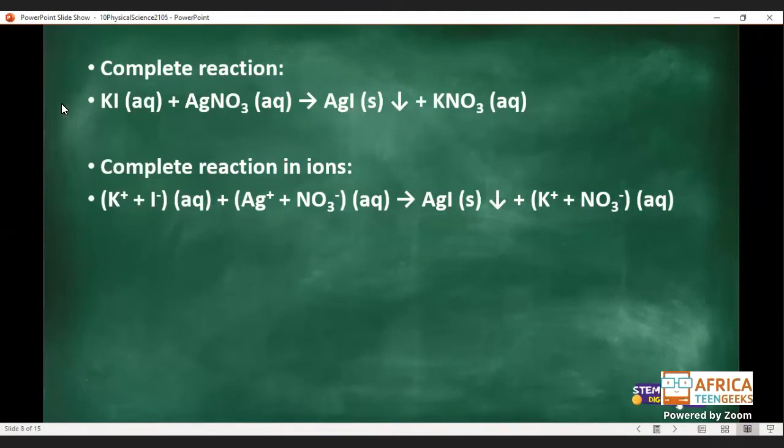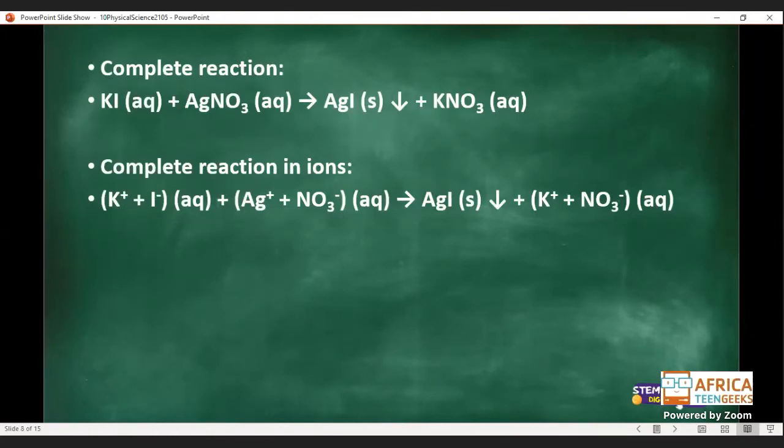That is why water conducts electricity, because it has ions in it. So here you can see I don't split this thing into its ions because it doesn't exist as ions. It exists as a solid, as a precipitate. But because potassium nitrate is dissolvable, I can write it just like I wrote the other two. Right.